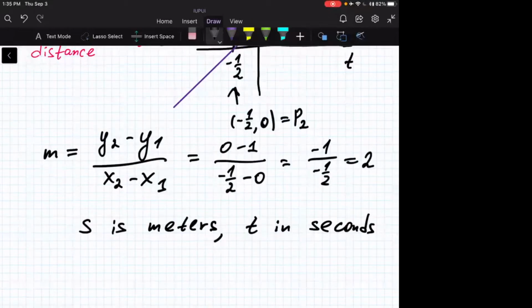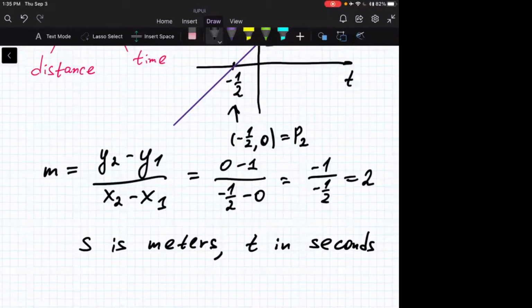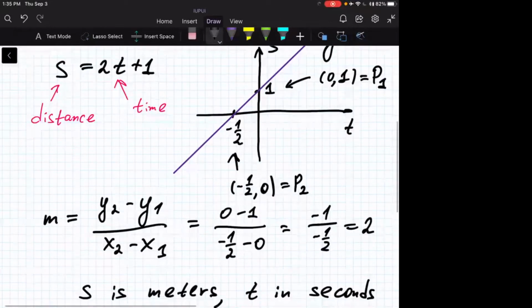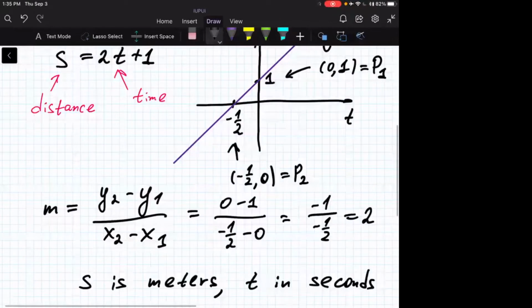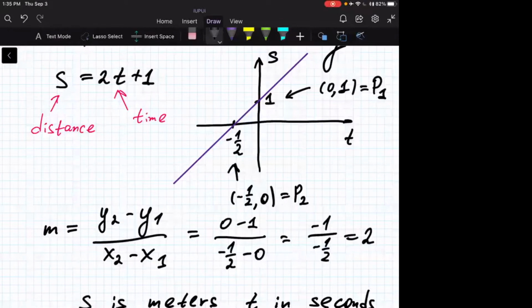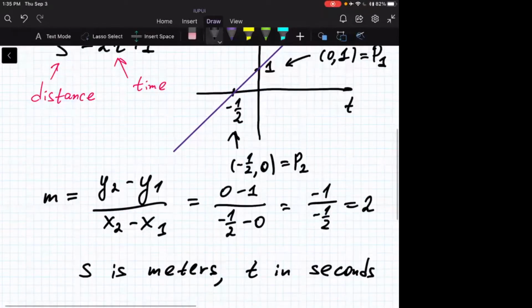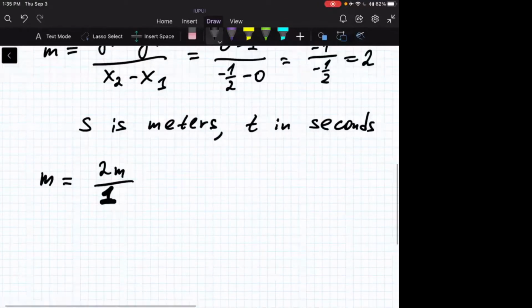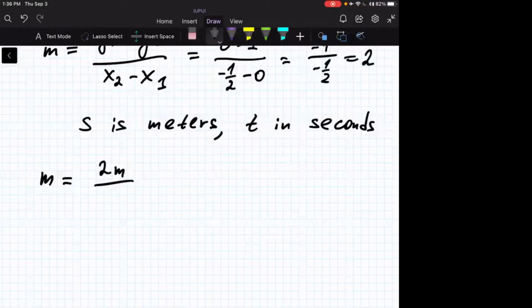So my y is s, a distance, so it is measured in meters, and my x is time, measured in seconds. So my slope will be then 2 meters divided by 1 second.